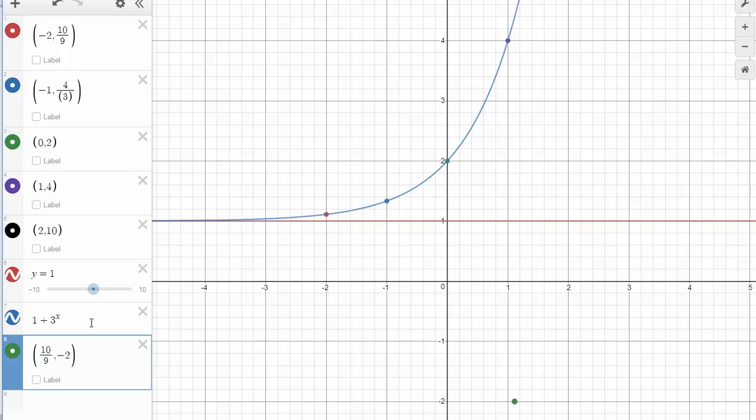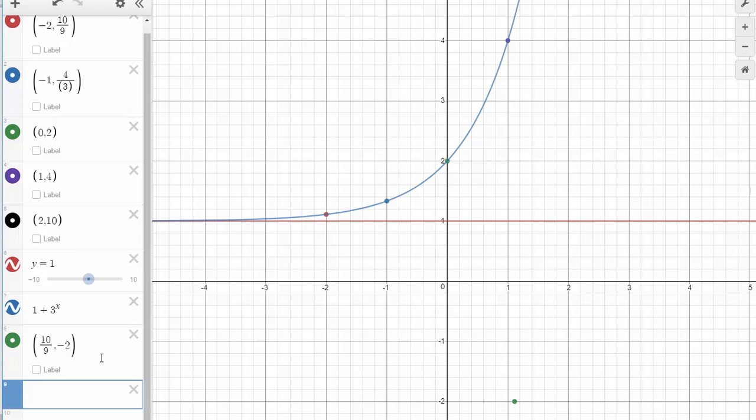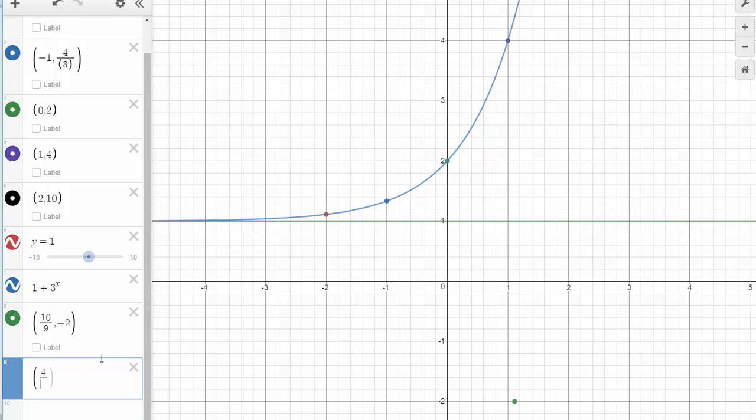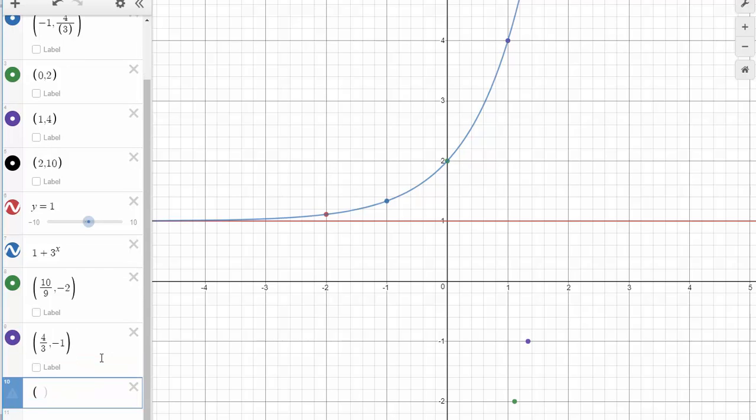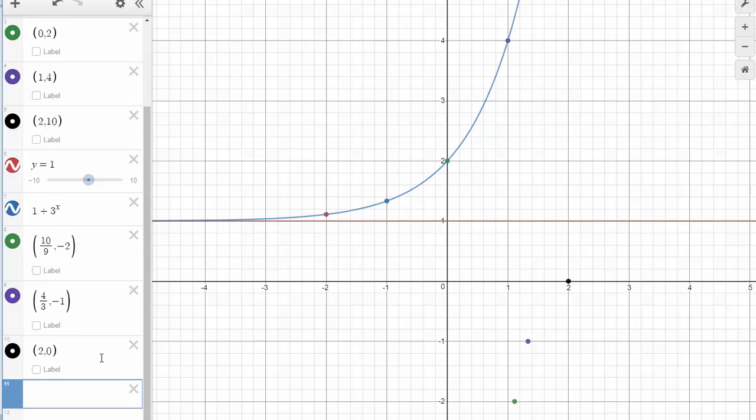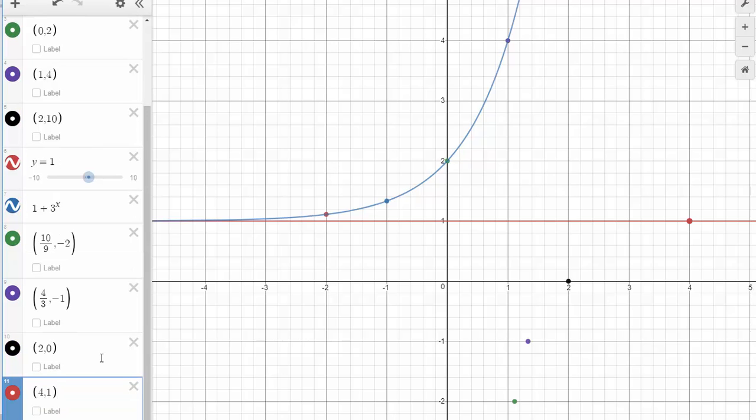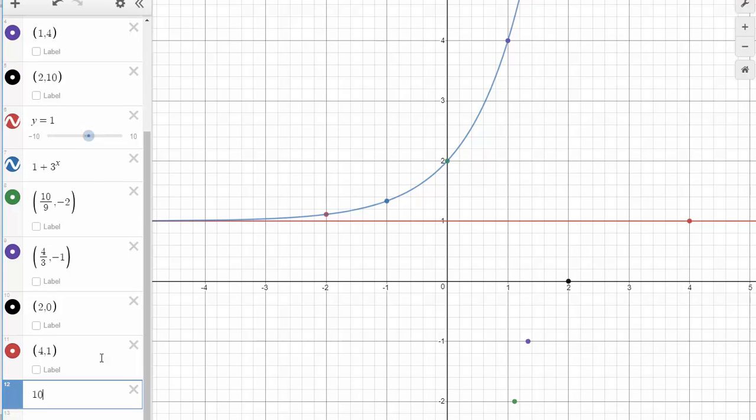You can see the point right here on your graph, and it corresponds to -2, 10/9. So you see that these points have interchanged coordinates. The next point that I'm going to graph is 4 over 3 comma negative 1. The next one is 2 comma 0. As you can see, the only thing that I do here is interchange the x and the y coordinates, nothing else.